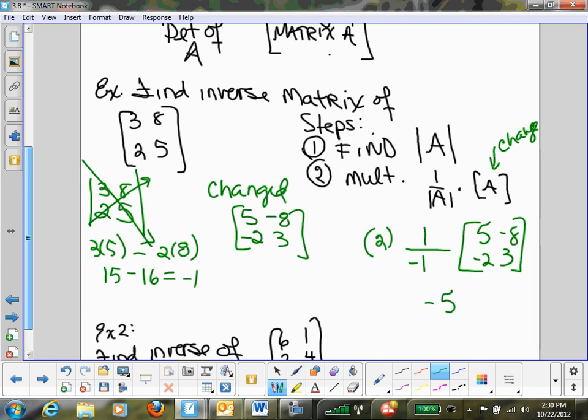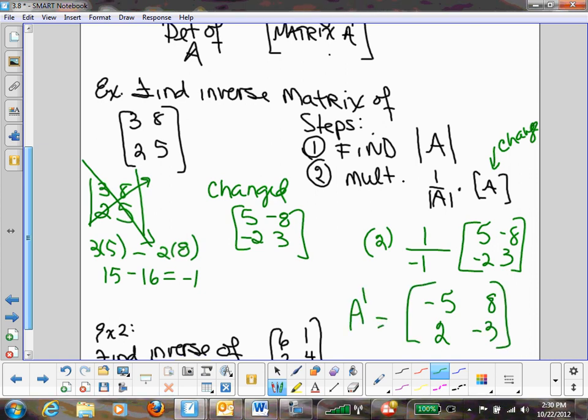Negative 5, positive 8, positive 2, and negative 3. So this is A inverse. That's just step 2. Step 1 was all of this, finding the determinant and changing our matrix. Step 2 is multiplying that all out.